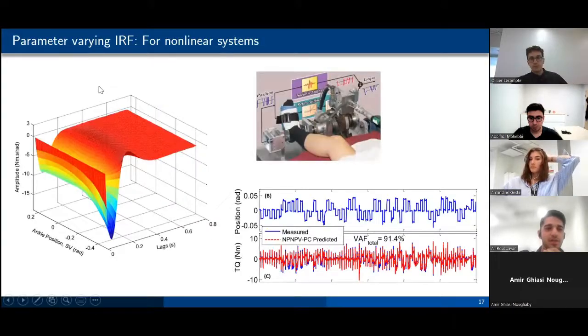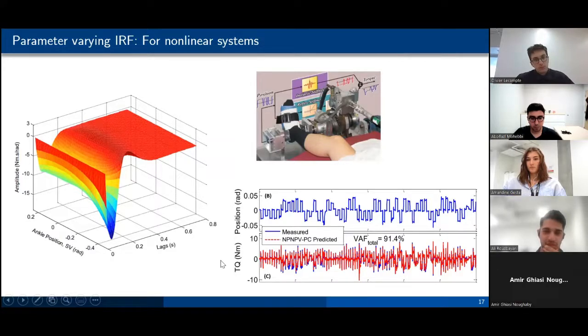Furthermore, we can use a parameter-varying IRF, which is an IRF that depends on any parameter we're interested in. In the case of our experiment, it is the ankle joint position. We can estimate an IRF for each particular value of our parameter and use it to predict the time series, which is the output of the system.